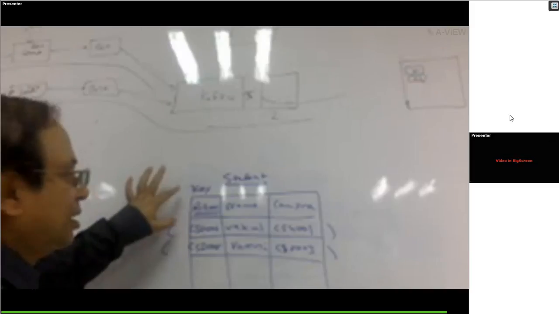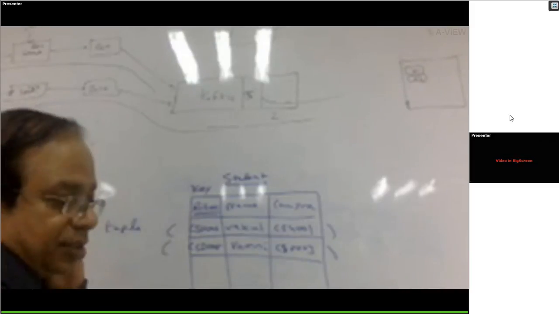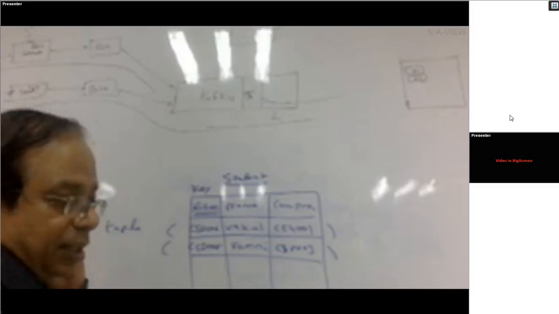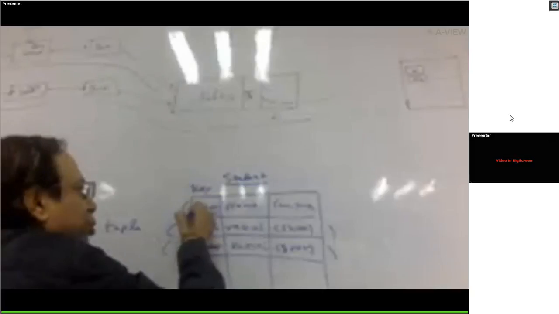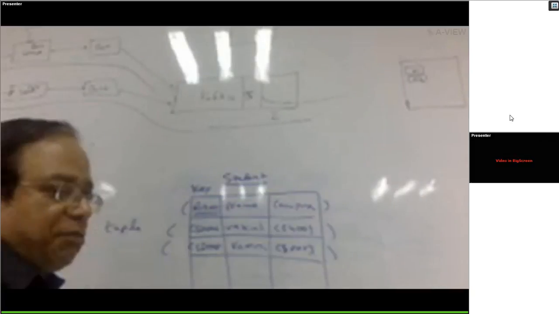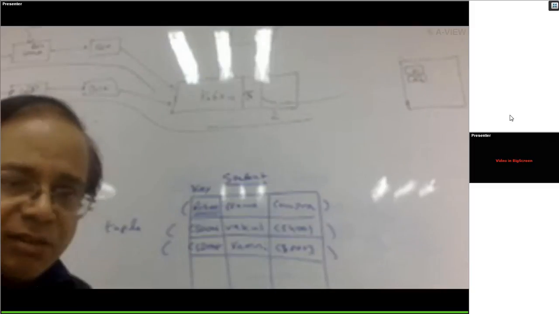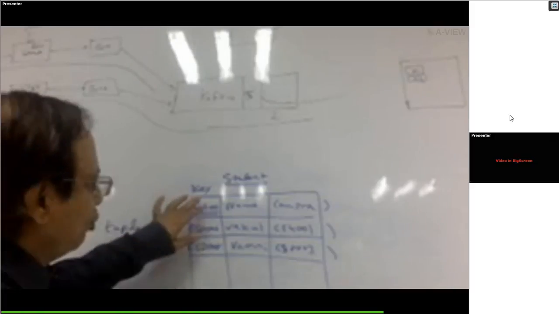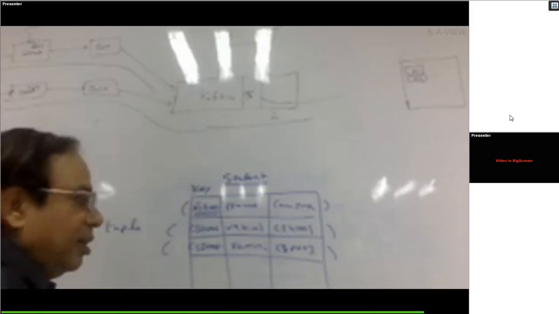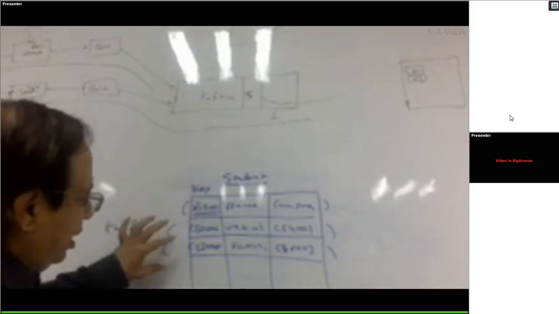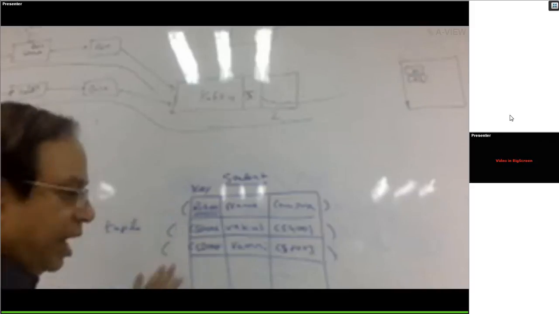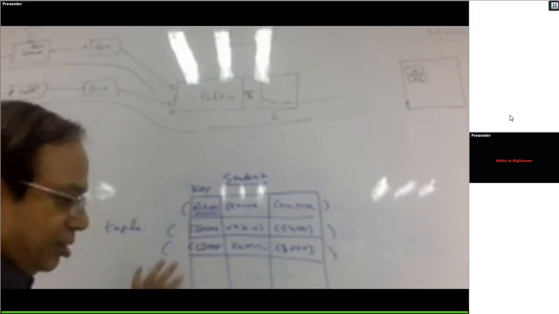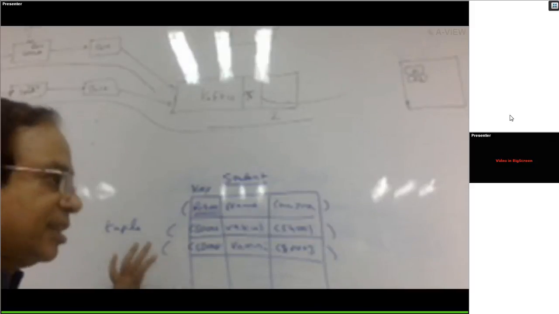For example, two tuples will not have the same value as far as this relation is concerned. All the attributes put together will form a key for the relation, because no two tuples will have the same values for all the attributes. For example, in this particular case, if roll number is the key, no two tuples in this relation will have the same value.